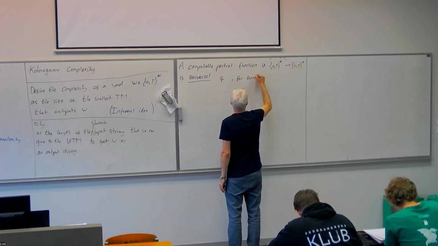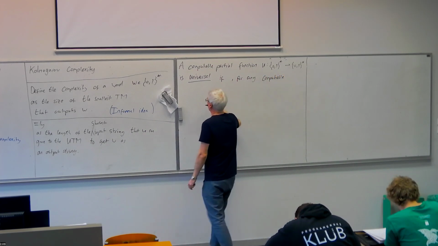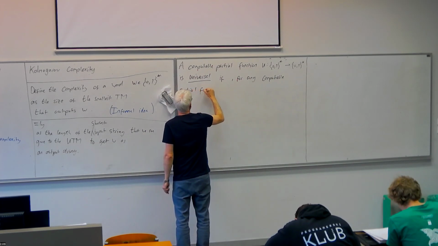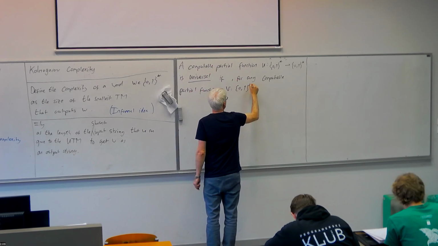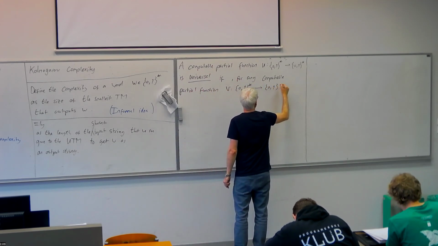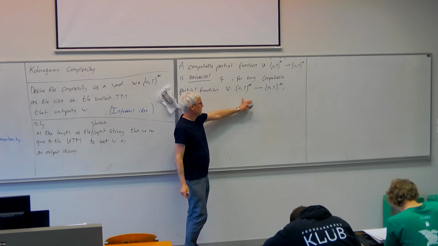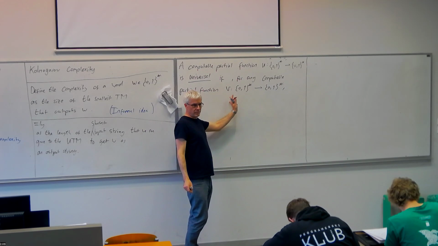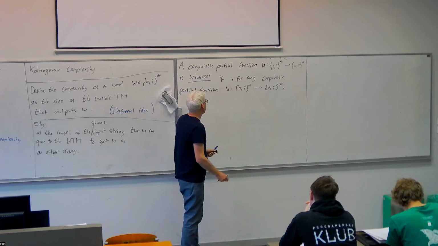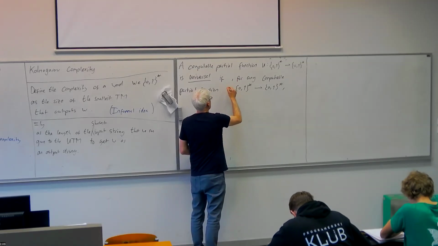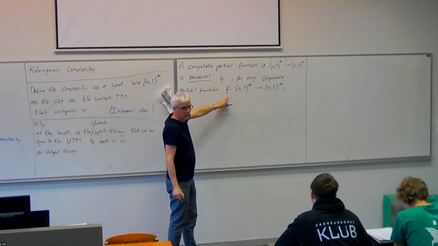So for any computable partial function F, there exists some word V that encodes F in the following way.